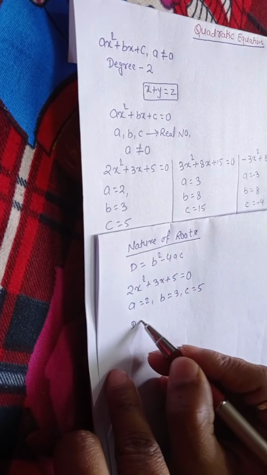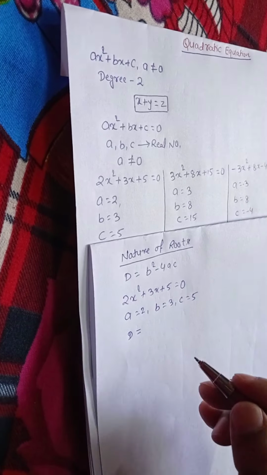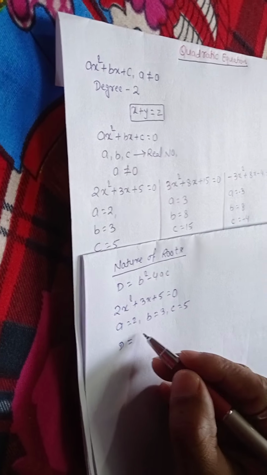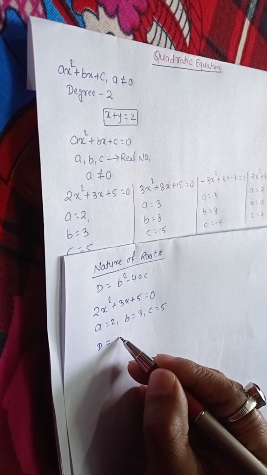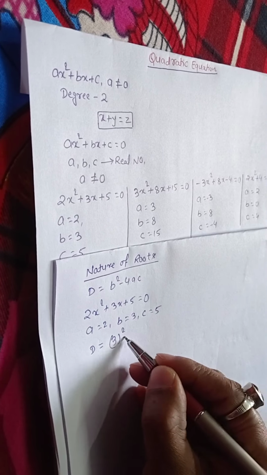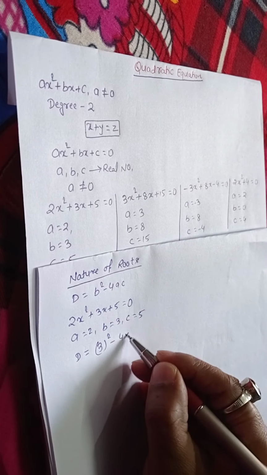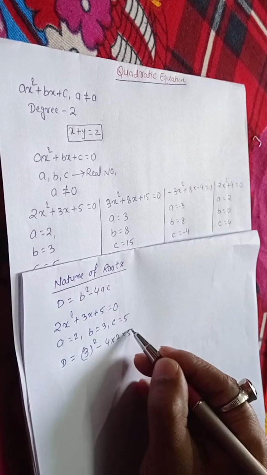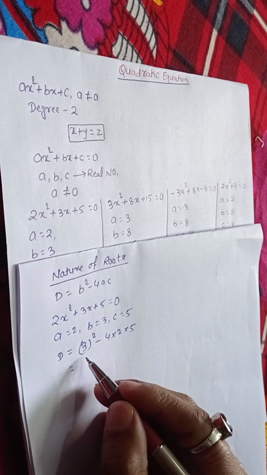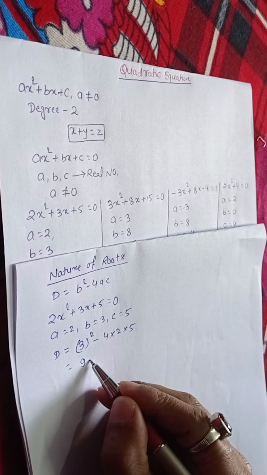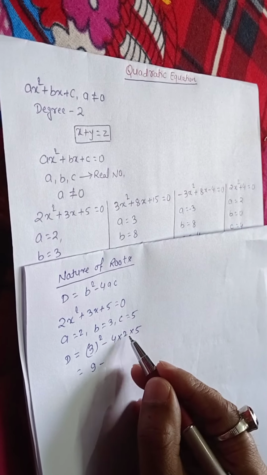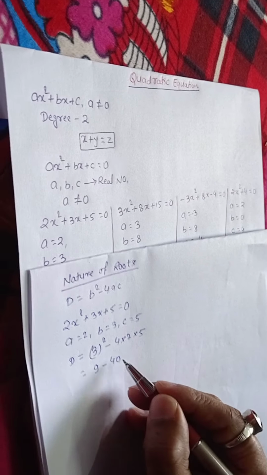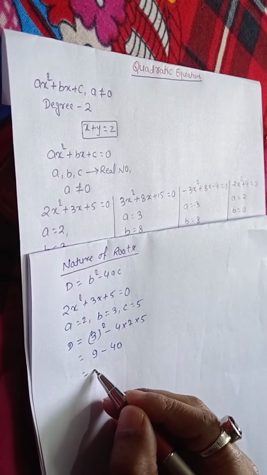If we put the values of a, b, c in the formula D, here b will be 3 square minus 4 into a into c. 9 minus 4 into 2 into 5 is 40. Let's see what we get, minus 31, which is less than 0.